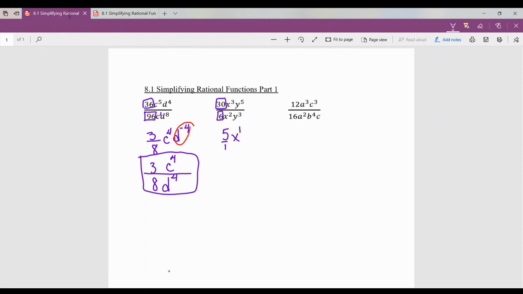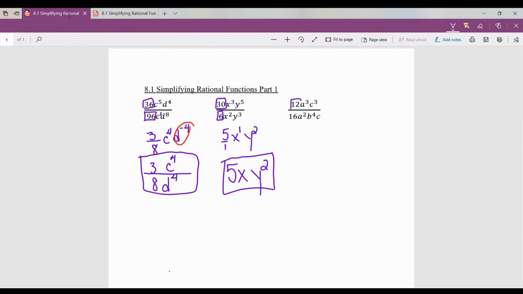Y to the 5th over y to the 3rd, that's going to be y squared. So there are no negative exponents, so nothing needs to go down in the denominator with that 1. So we've got 5x to the 1st, but we don't really need that 1 there, y squared. And I don't have to put over 1 because remember with a fraction, we don't really need that over 1.